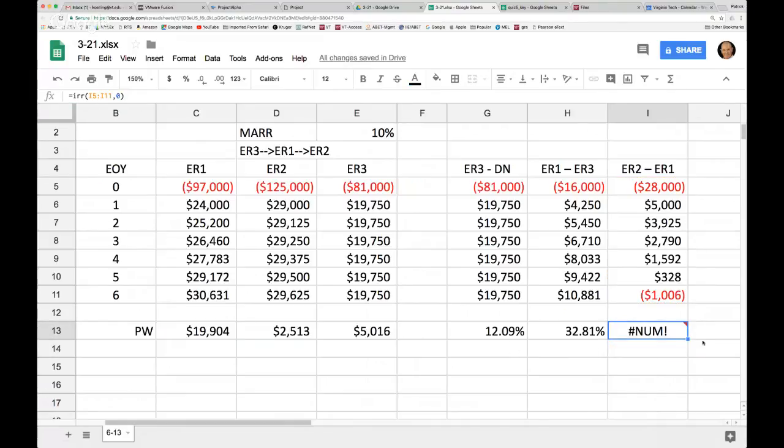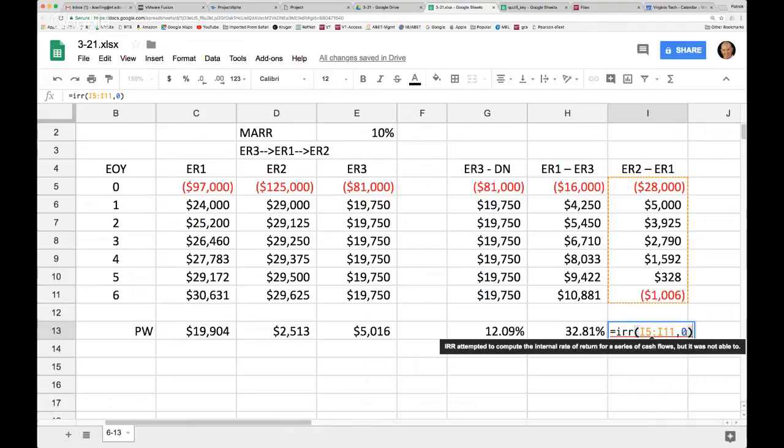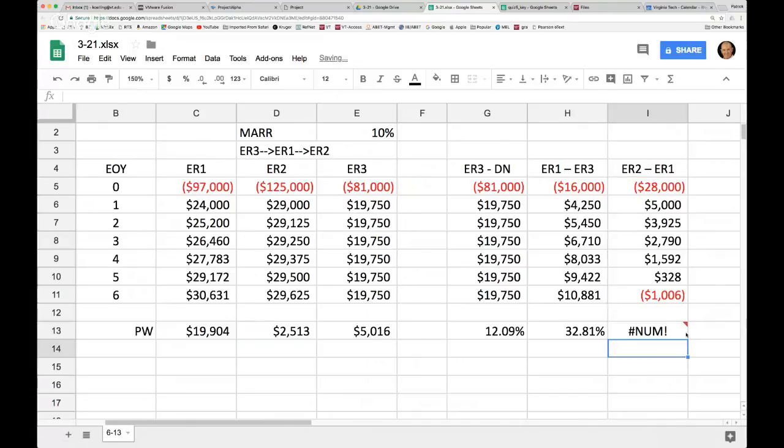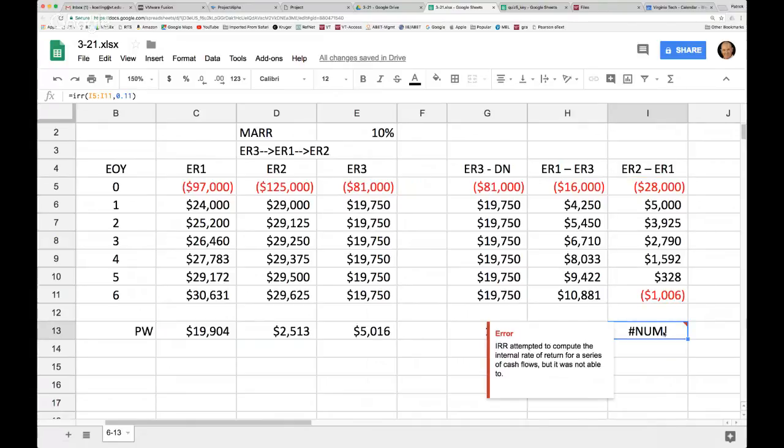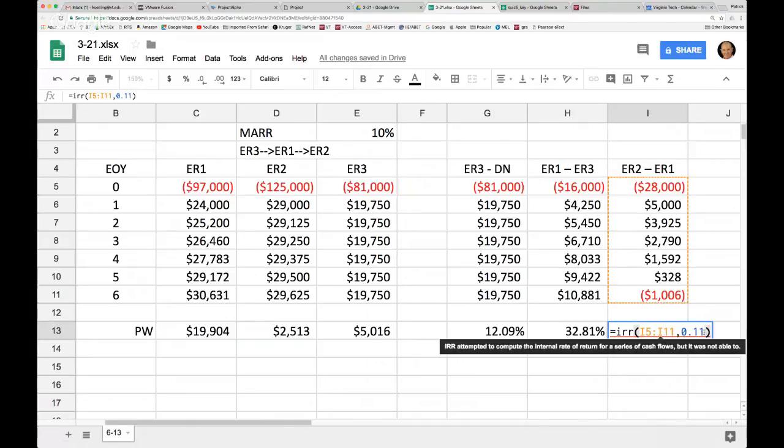Gosh, that isn't helping. How about 0.11? Oh, geez. What am I going to do? 0.09.